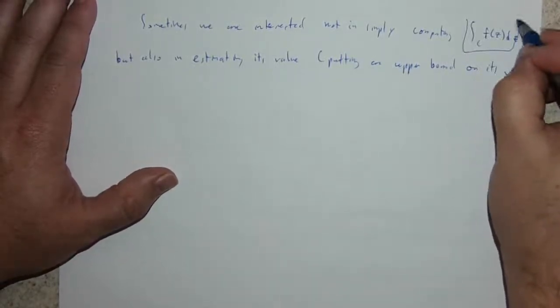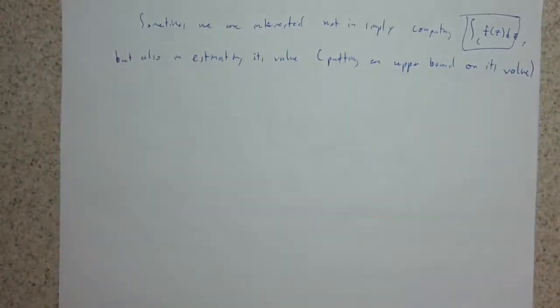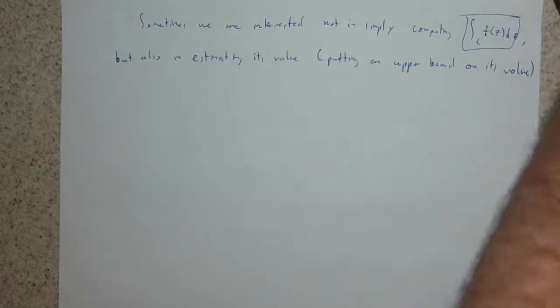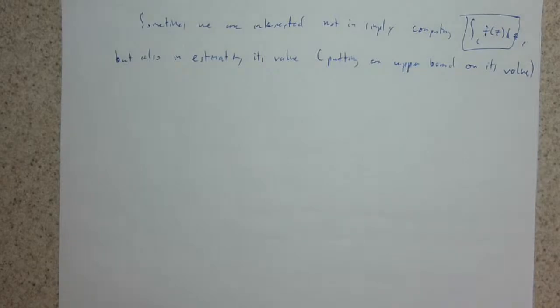The reason this is important is that sometimes integrals are hard to compute. Even if we computed them, we're not simply interested in saying something about a particular contour integral, but maybe a class of contour integrals, or maybe we're not interested in the specific value itself, we just want to know that it is within some bounds.